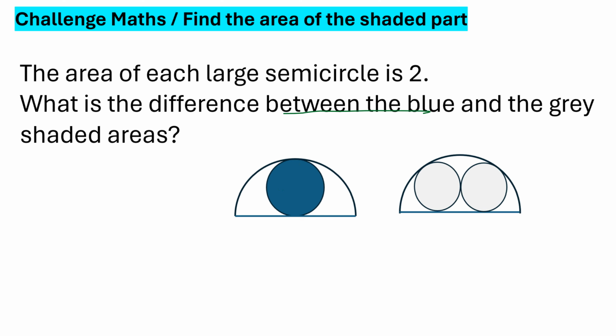I think what we can do is, if we are to mark the centers, it makes it easier. So the center of the semicircle, I say that's the center O. So here also is the same center. That's the center of the semicircle.